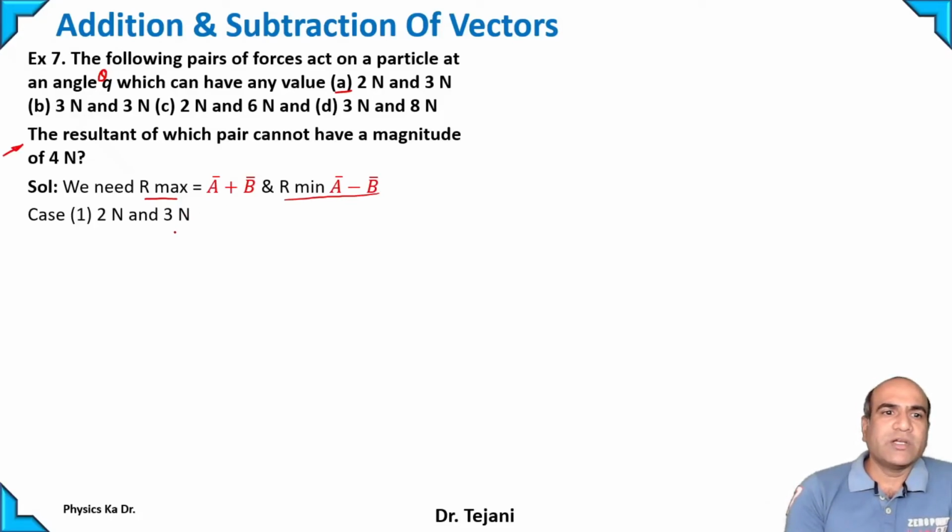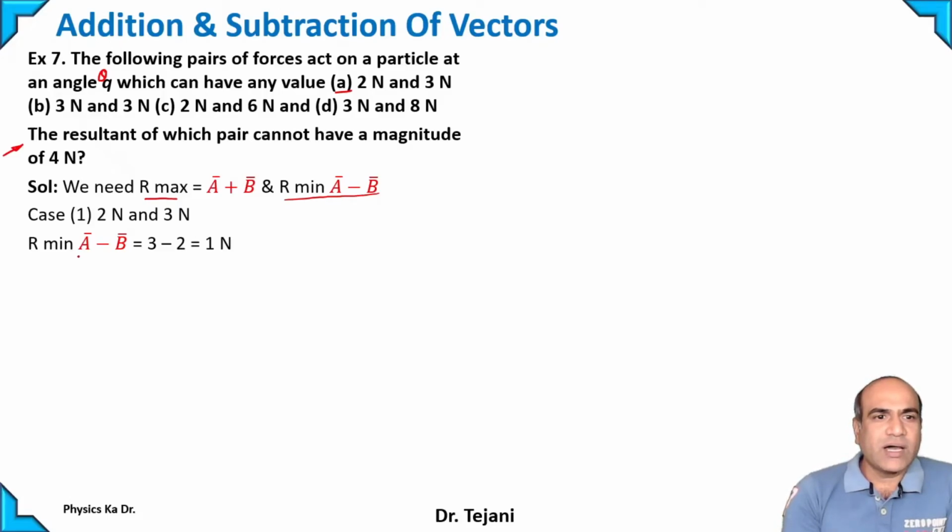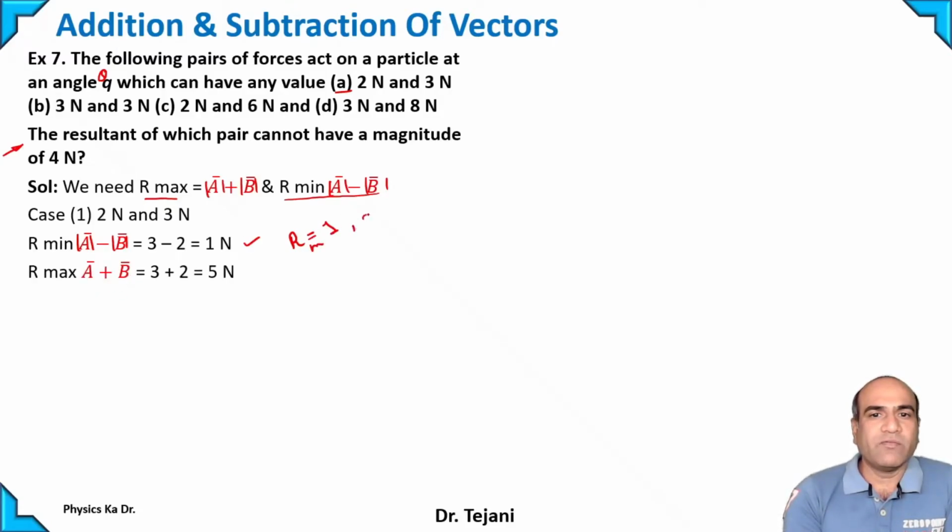So case number 1, 2 N and 3 N. R minimum is equal to mod of A minus mod of B, and that becomes 1. So the minimum value of R for this case is 1 and the maximum value becomes 5.